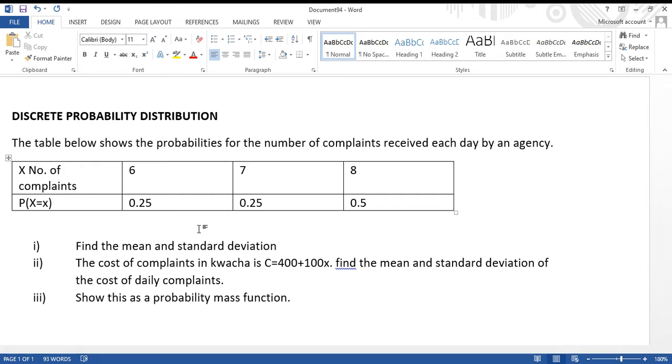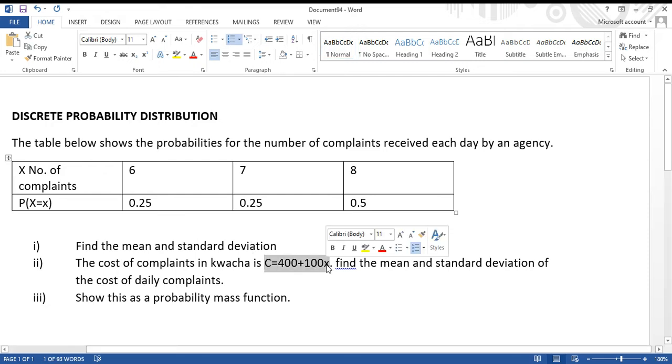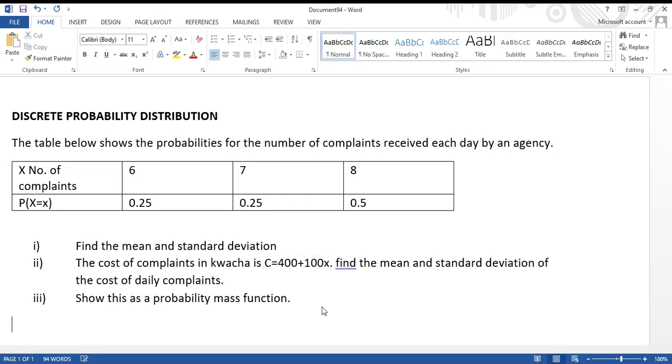They've told us that the cost of complaints in Quacha is given by this function here, C equals 400 plus 100x. We have to find the mean and standard deviation of the cost of daily complaints. And then we also have to show this as a probability mass function. So let us begin.